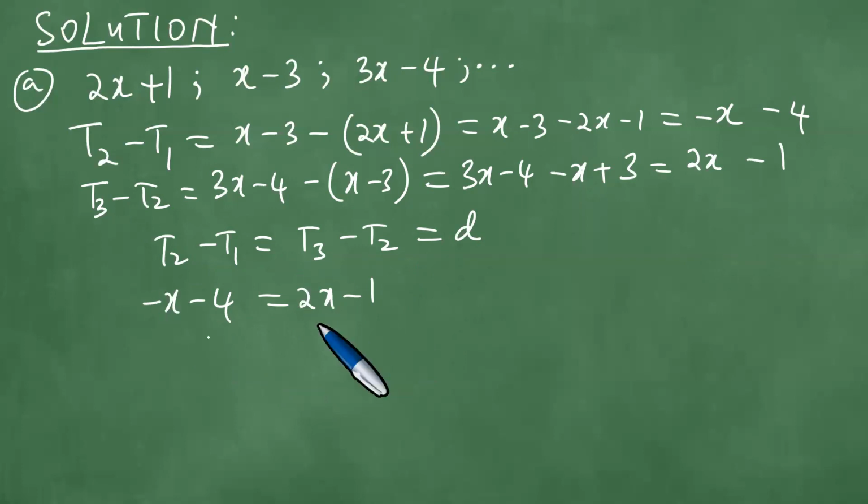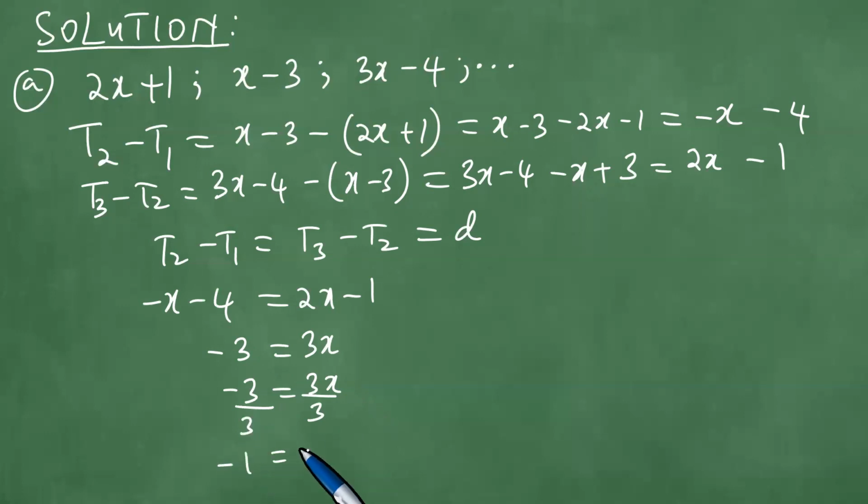So you can transpose the x, giving us 2x plus x, which is 3x. And then we have minus 4 plus 1, which is minus 3. Having this, you divide the left by 3 and the right by 3, getting minus 1 equals x.